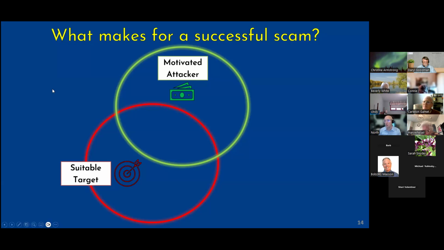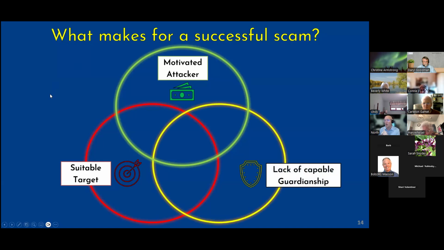And then the third step is lack of capable guardianship. This is really, really important to understand. This is not calling somebody out because they're not capable of doing the things they need to do to keep themselves safe. What this means, lack of capable guardianship, means you can be unaware of the attack type. You can be unaware of tools available to protect yourself.